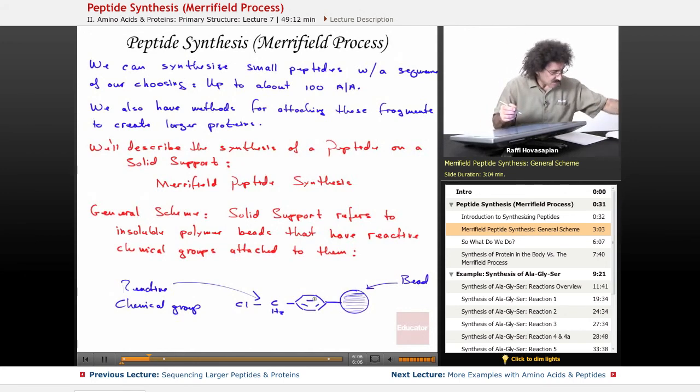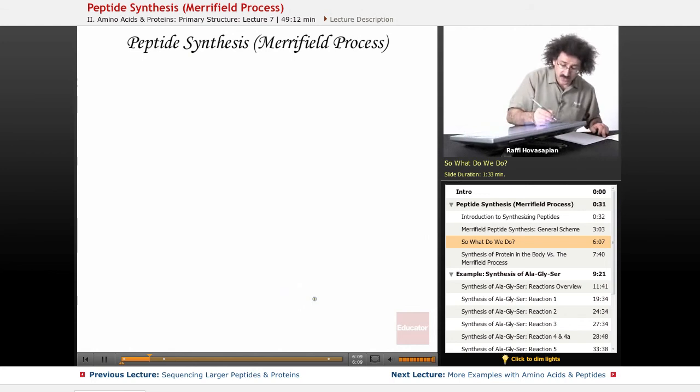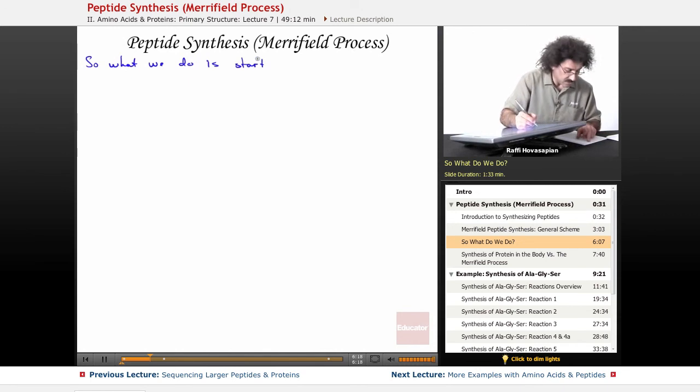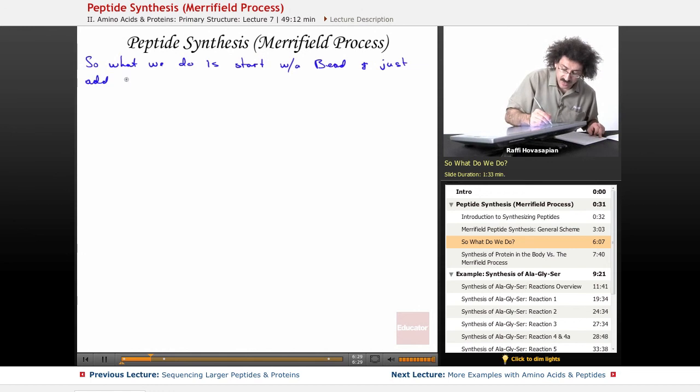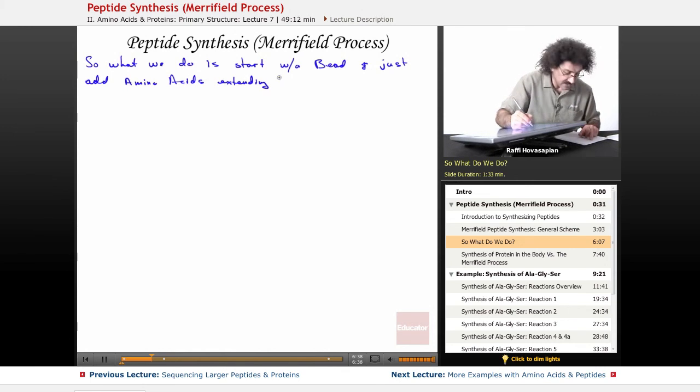So what we do is we start with a bead and just add amino acids one at a time, extending from the bead.